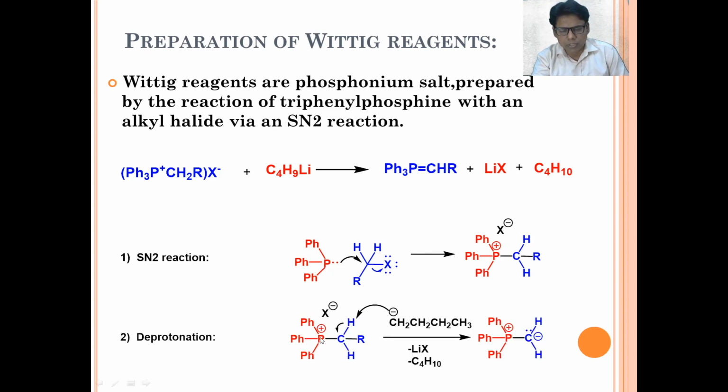Remember, if there is a phosphorus having positive charge, it imparts acidity to this proton, and apart from that we are also using butyl lithium, which is a very strong base, so it helps in abstraction of this proton. So ultimately we'll get positive charge and negative charge. The structure is called an ylide.